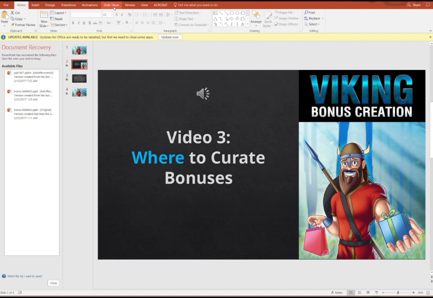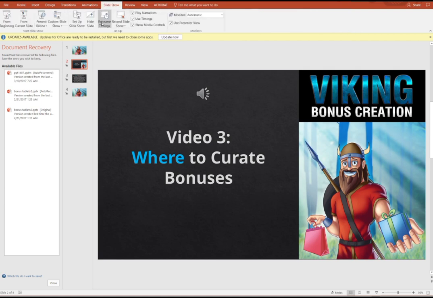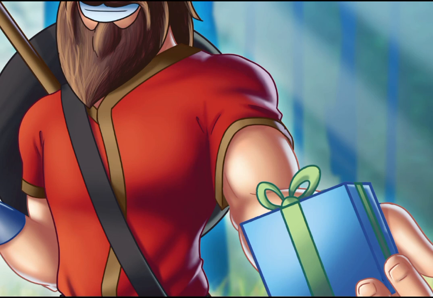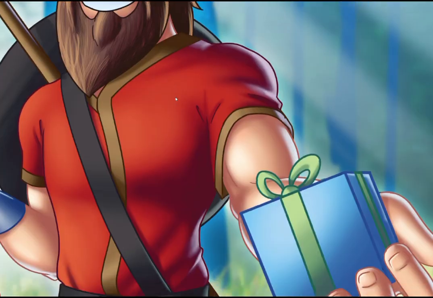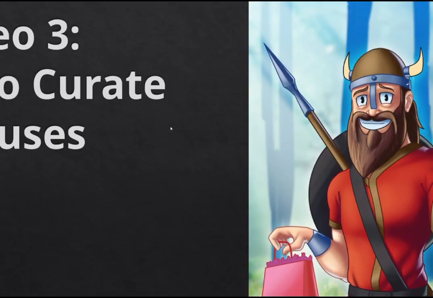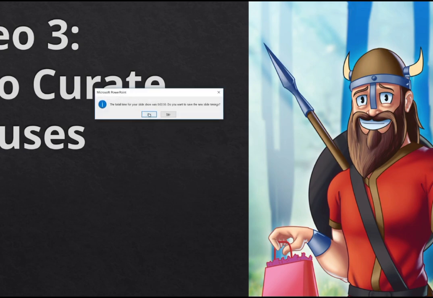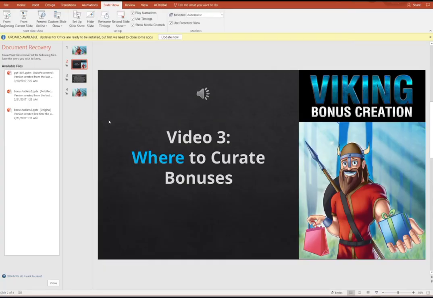So what you'll want to do is come up here to slideshow, and click rehearse timings, and this is basically what you'll do. You'll just click through as though you're going through an entire PowerPoint presentation. I'm on a 4K monitor, so that's why it looked all zoomed in there.